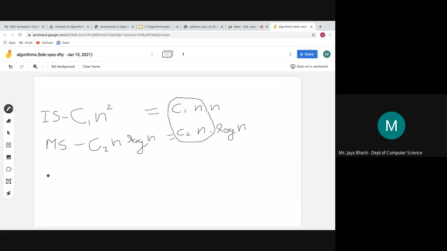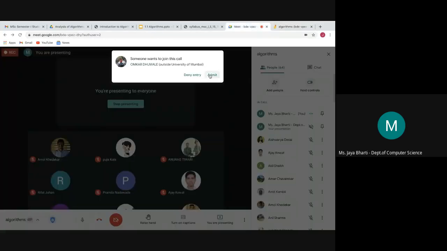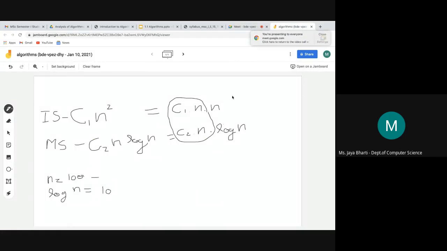Suppose n is equal to 100, then log n will be 10, right?